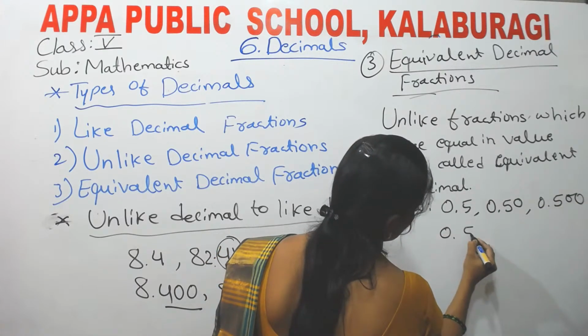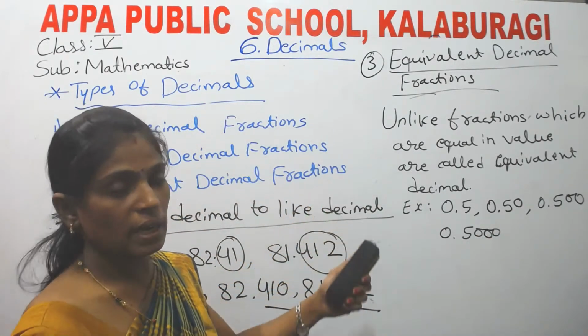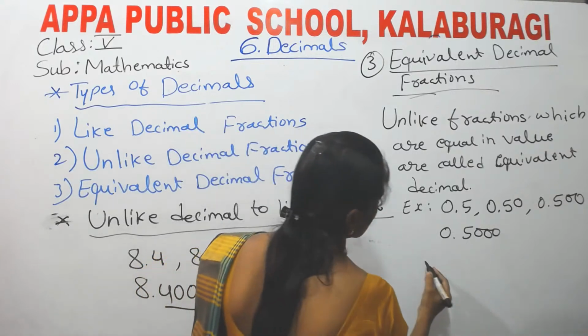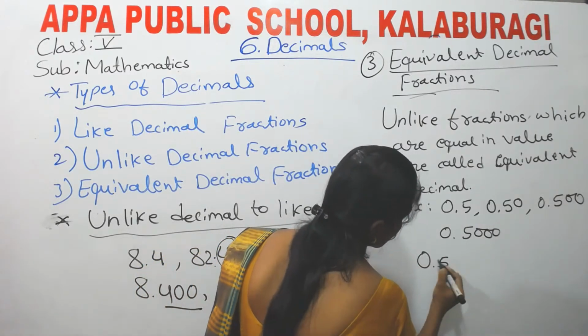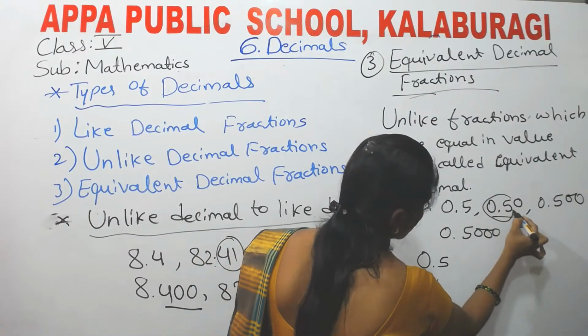These are equivalent decimals. How? See here, 0.5, here also 0.5, and here also 0.5.